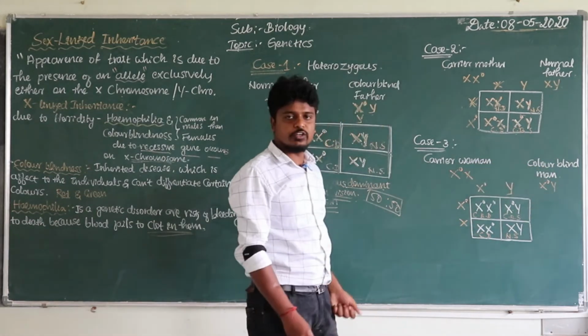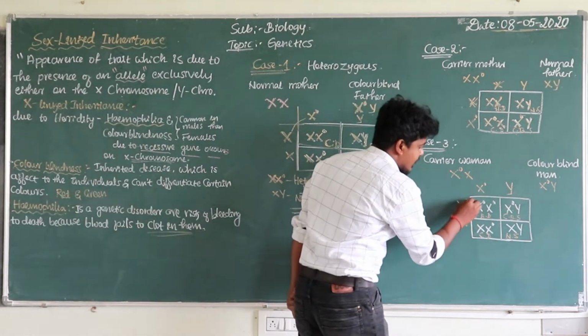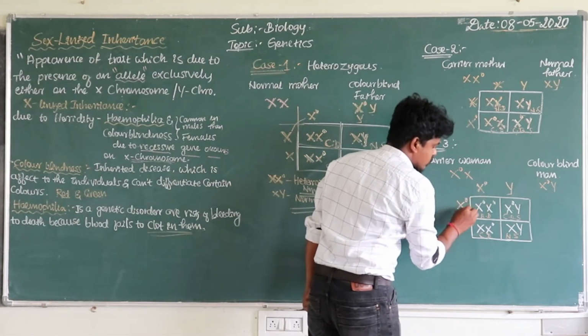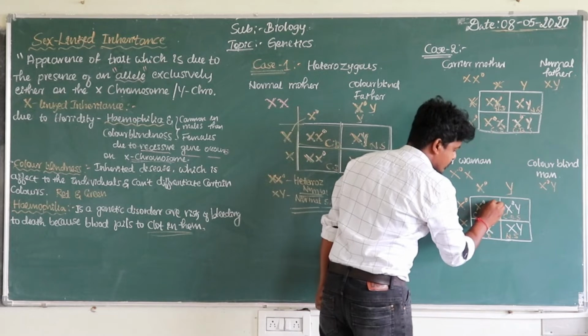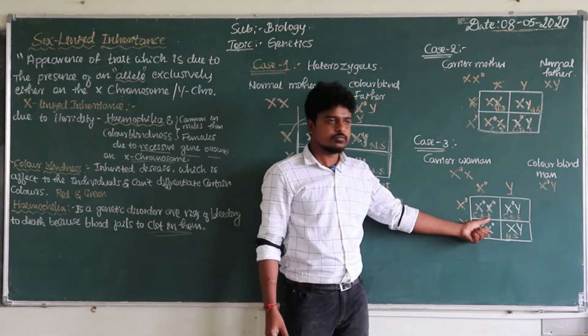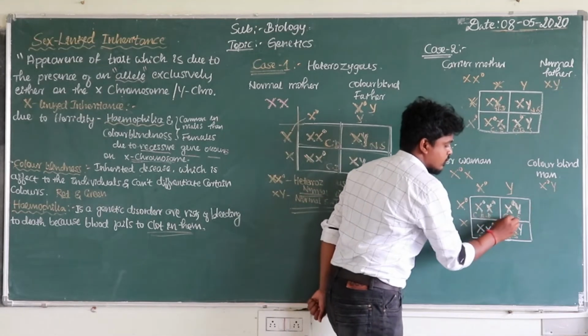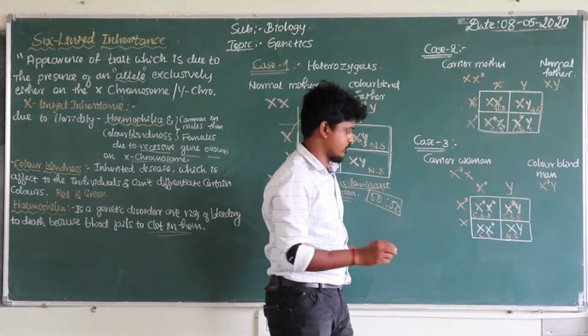So let's have a look here. What are the progenies? X and X, they both are color blind daughters. Have you understood? And X and Y, the color blind son.